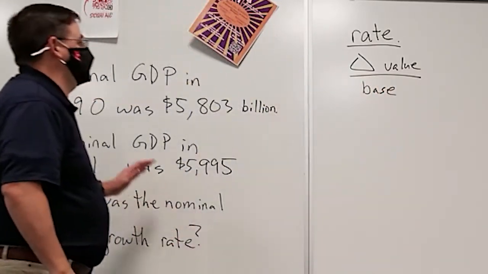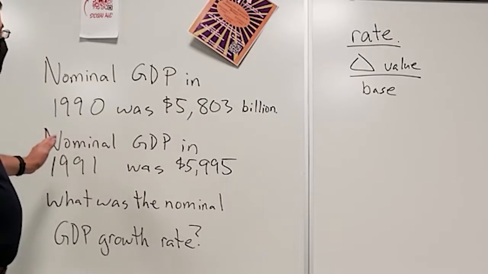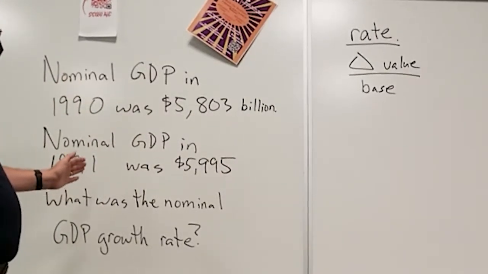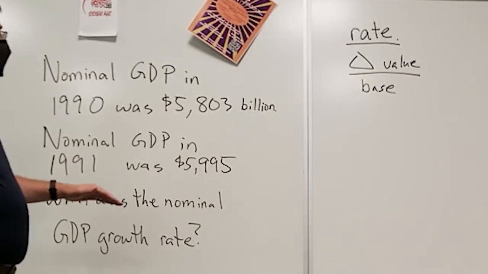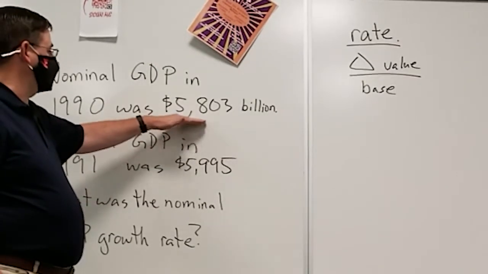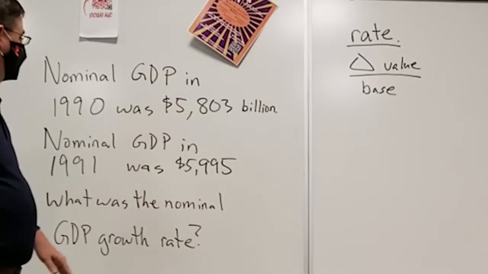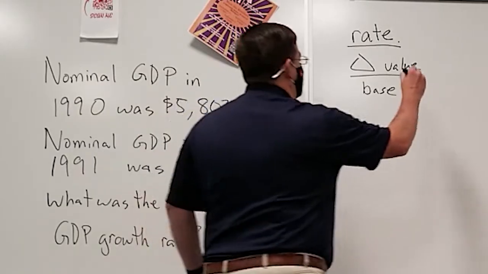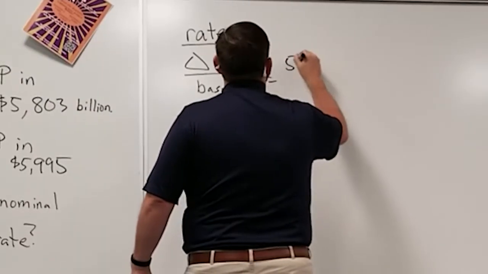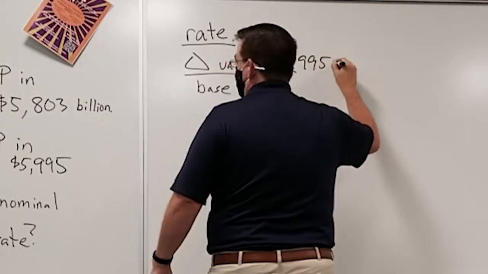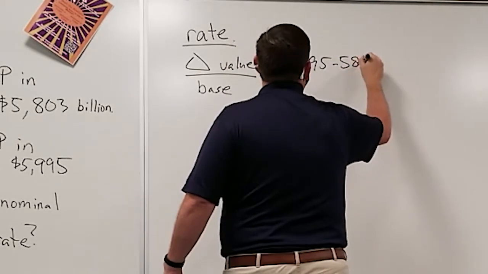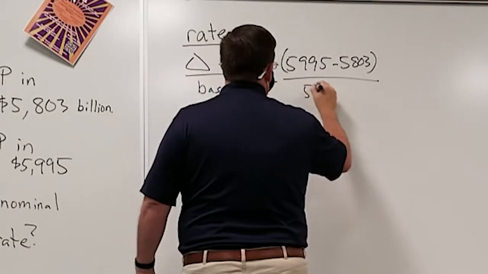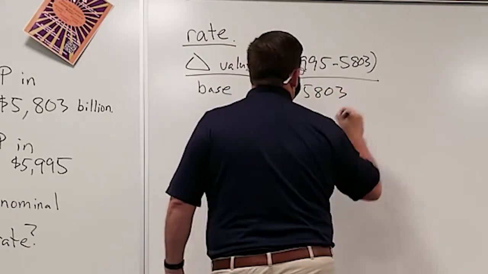So in this story, we're looking at the change in nominal GDP over time divided by the base of that value, and we're going to use 1990, the earlier year, as the base. So the change would be this minus this. So this is going to be equal to 5995 minus 5803, and then we can divide that by 5803, and we'll get out a rate.